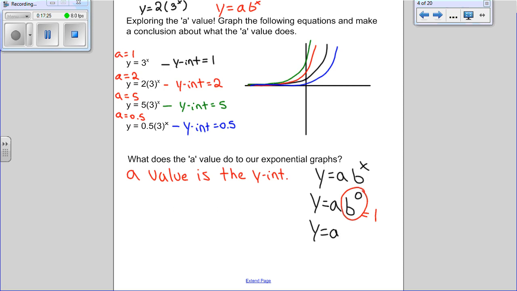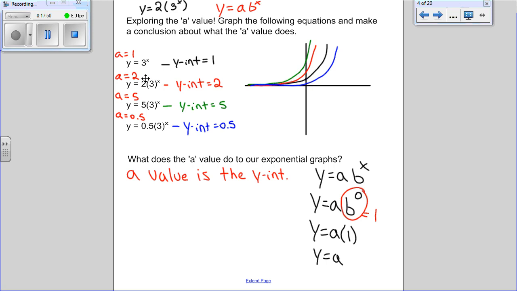So your y-intercept will always be your a value, because anything to the power of 0 is 1, and 1 times anything is itself. So whatever a value you have automatically will be your y-intercept. It also looks like it's making your graph increase more sharply or not sharply.